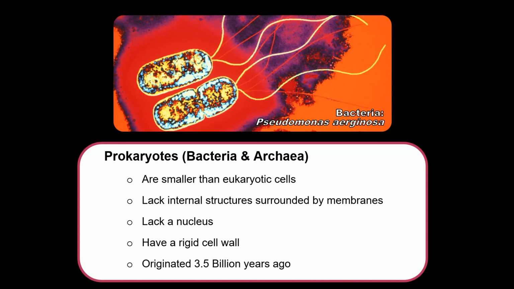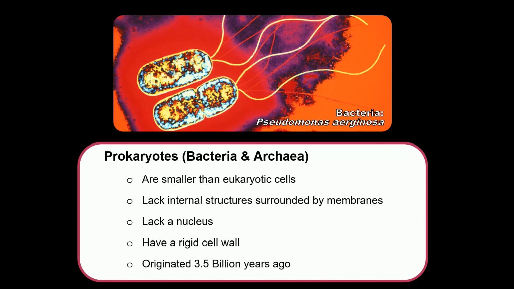What makes a prokaryote a prokaryote? Well, they are small cells. Like we saw on that size scale, they are 1/100th to 1/1000th, sometimes even 1/10,000th the size of a eukaryotic cell. They lack internal structures which are surrounded by their own membranes. This part sometimes confuses people.